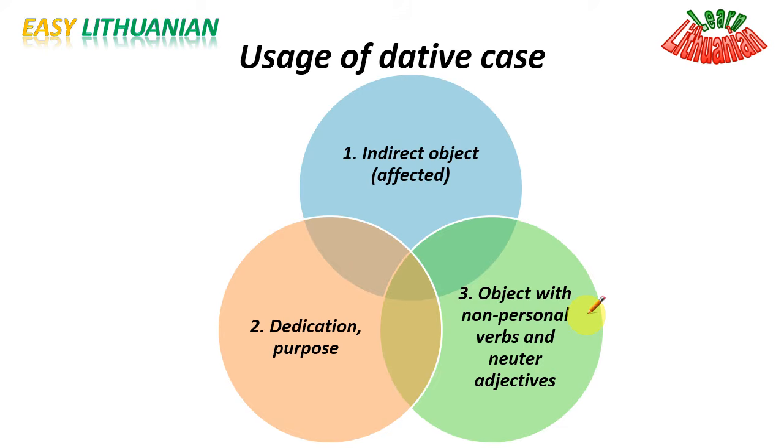I like rain. And patinka means it is liked. Literally, for me, it is liked rain. Or for me, rain is liked. That is the literal translation. And the verb is non-personal. Something is being liked, but for me, so that means I like.